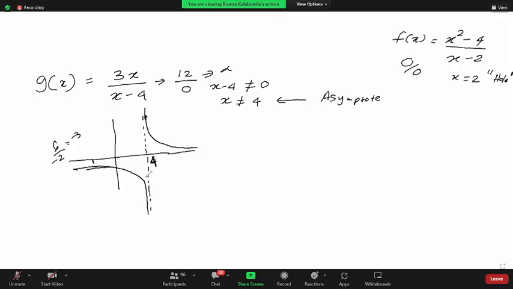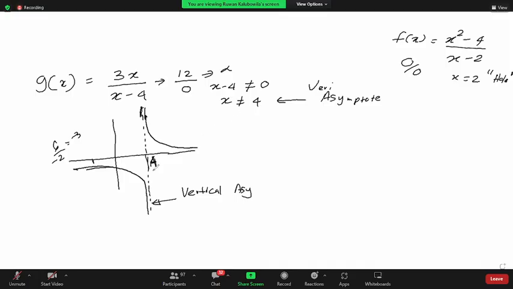So number 4 is the critical point, and you can see when you reach the number 4, the function goes to infinity. Right? So we call this an asymptote, and this asymptote we call vertical.